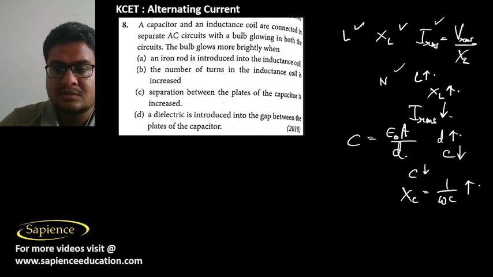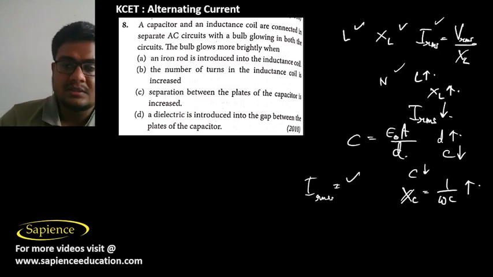So the capacitive reactance increases, which means the current will decrease and the bulb will glow less bright.